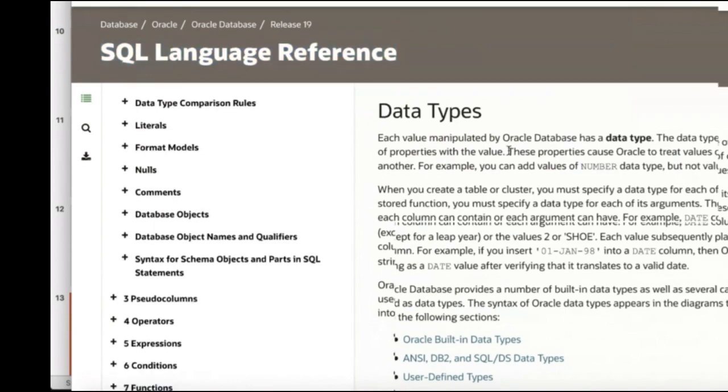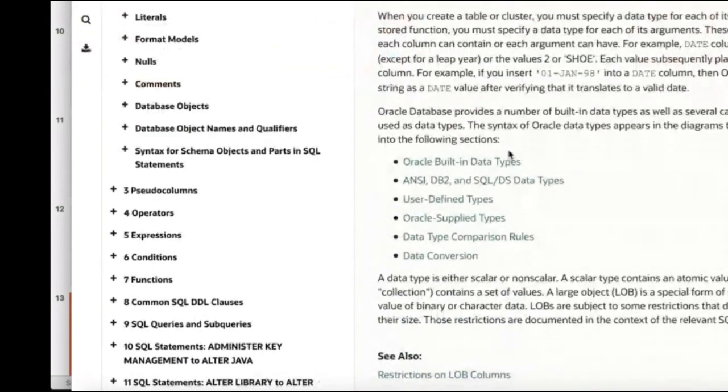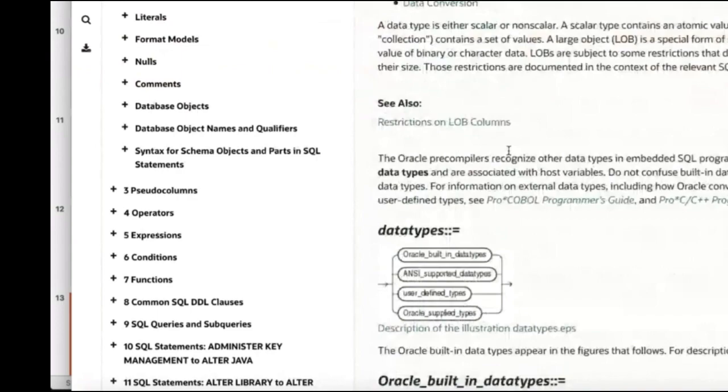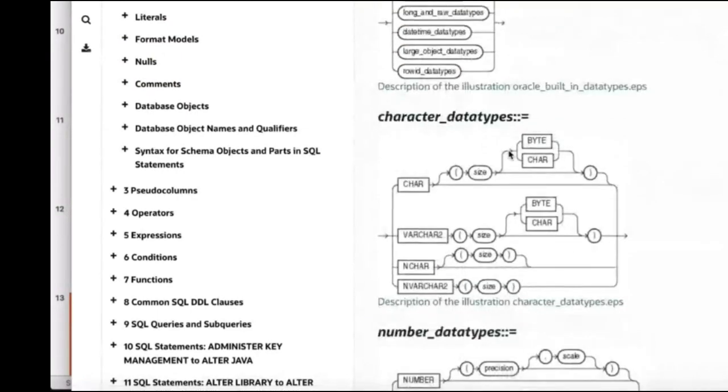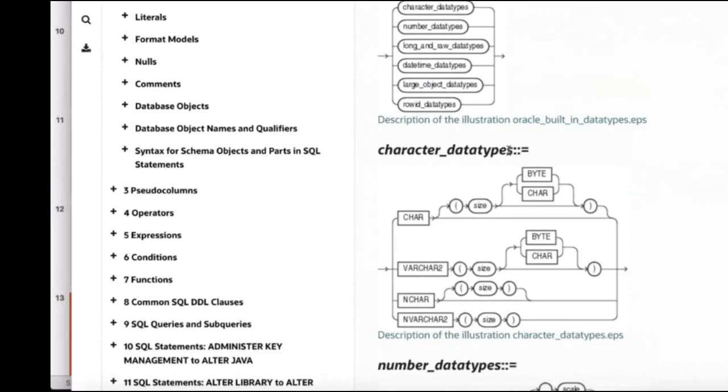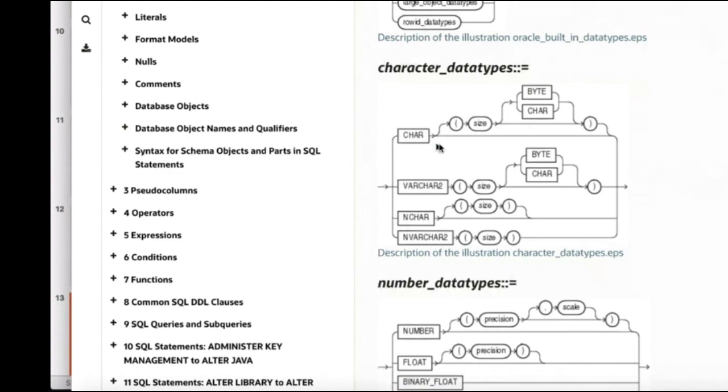For example, I just typed latest data types in SQL Oracle. Then it tells you different data types which are available. See here, the data types available are character, char, varchar2, nchar, and nvarchar2.